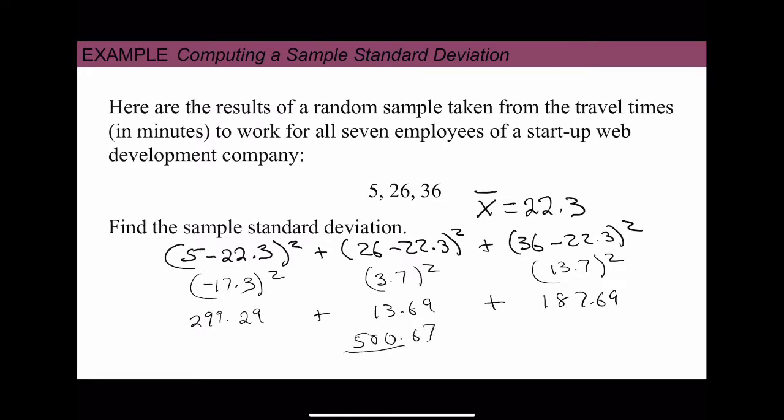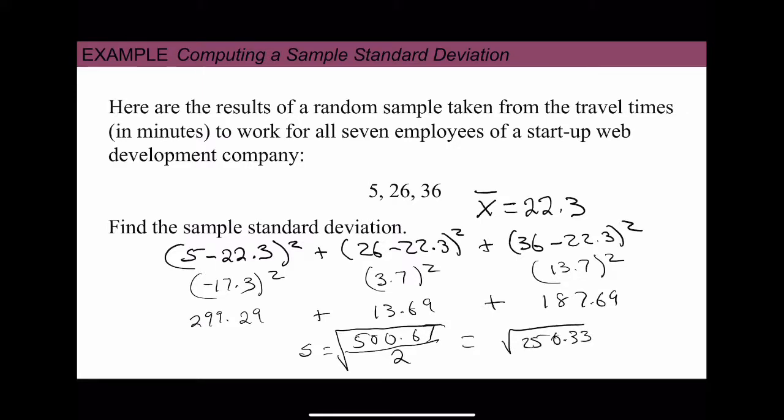And you have 500.67. So this time, though, we are going to divide by 2 rather than dividing by 3 because it is a sample standard deviation. And then you take the square root of the whole thing. Dividing by 2, I get 250.33.